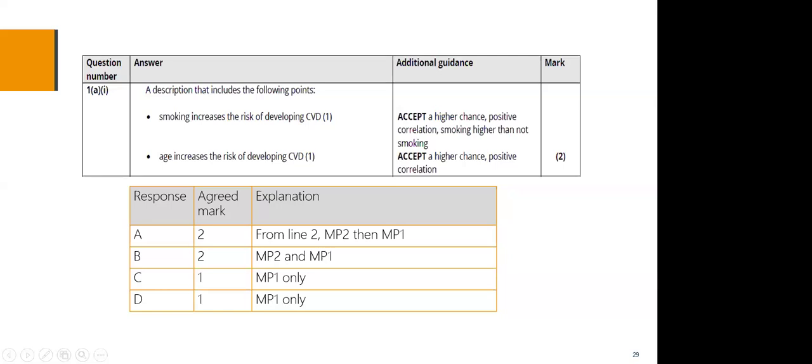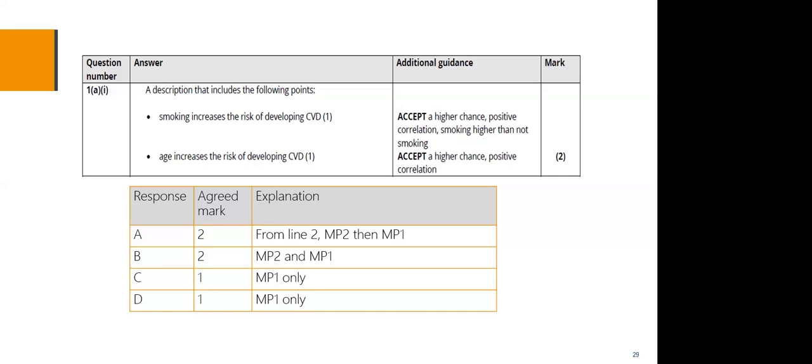So response A was given 2 marks for saying as the age grows, the relative risk will increase, and in every age group, the risk is higher in smokers than non-smokers.